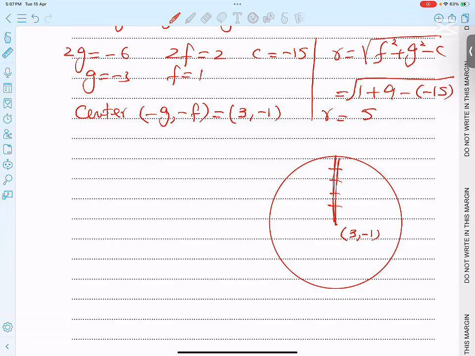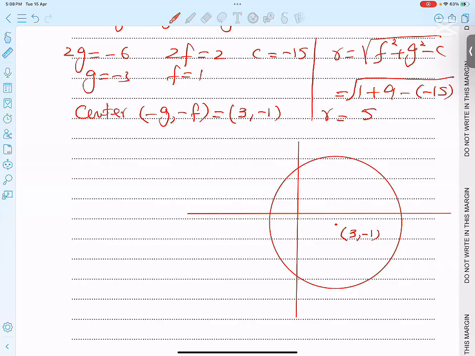So it means the x-axis will go somewhere from here. So I'm going to draw a rough line. This is the x-axis. And this 3 means 1, 2, 3. So this is approximately the y-axis. Okay, this is clear.